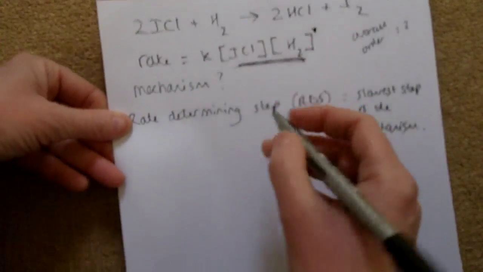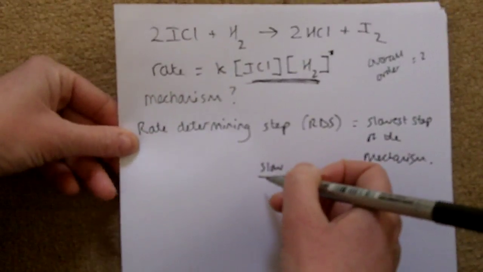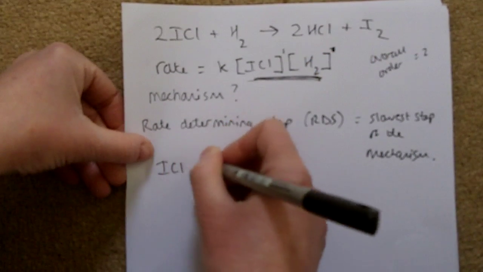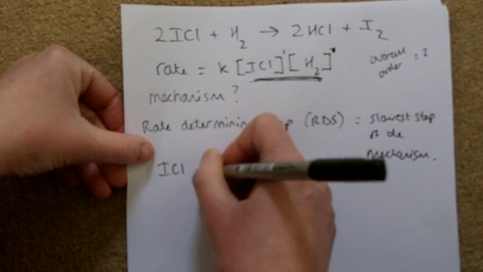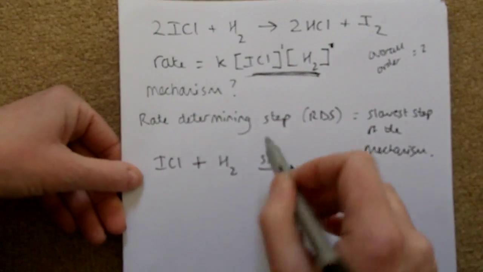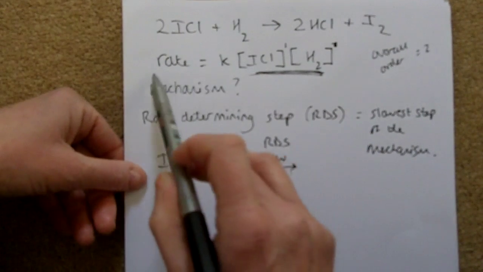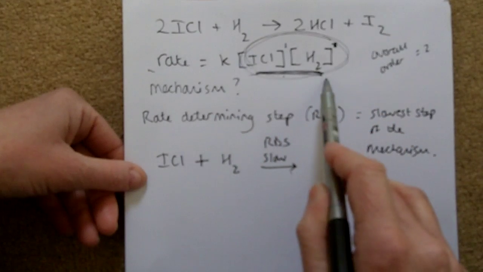Okay, and also the rate of reaction depends on the rate equation. So in the slow step, I know that there is going to be one ICl and one H2, because this is called the rate determining step, the slowest step, and also the rate equation shows me what determines the rate.